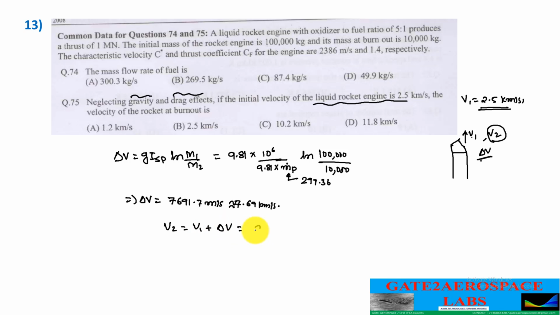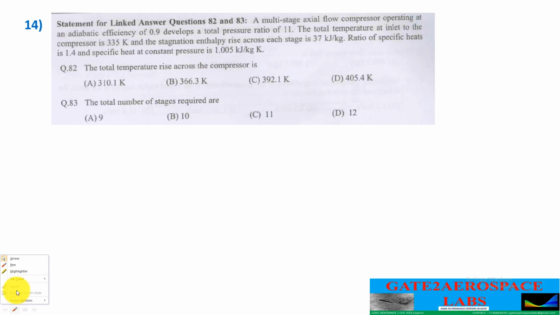V1 is given in the problem as 2.5, plus 7.69, which will be equal to 10.2 kilometers per second. So this is our answer. This is option C.